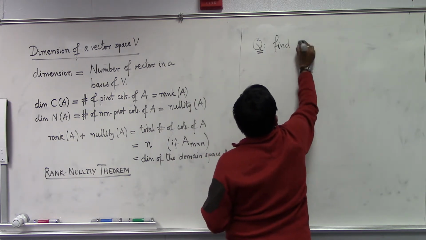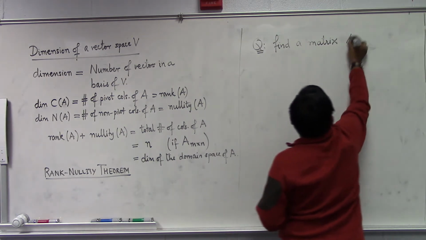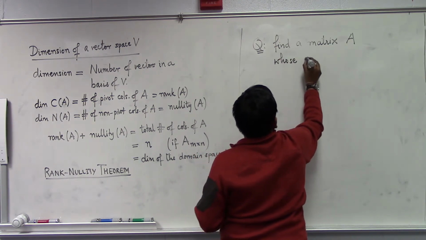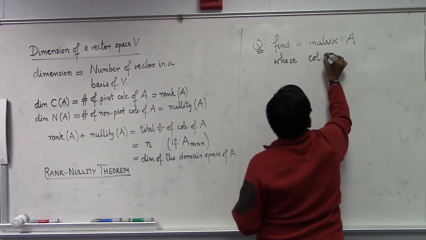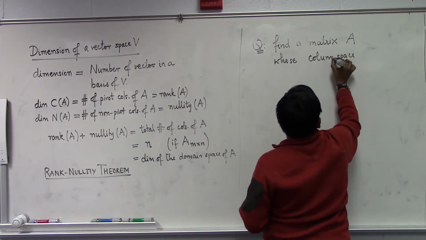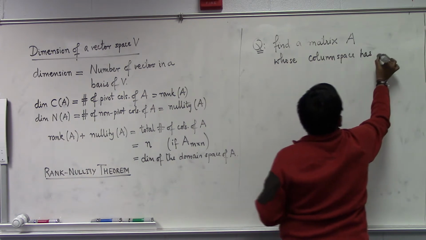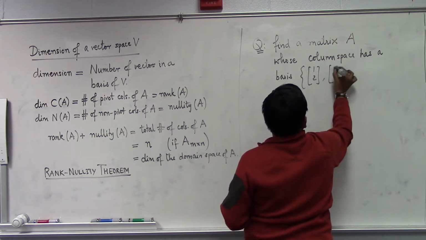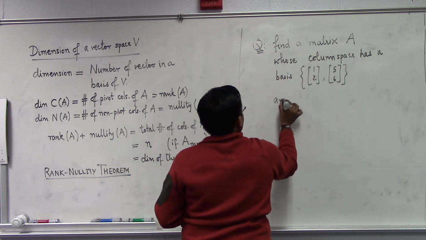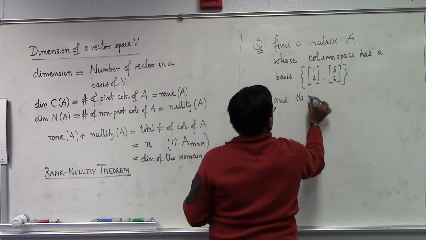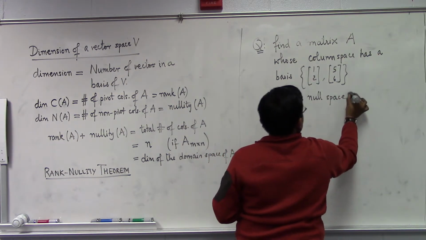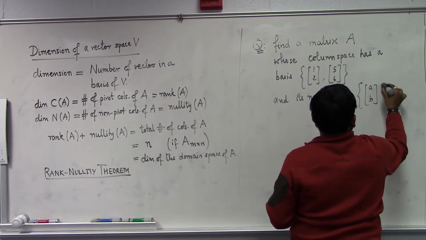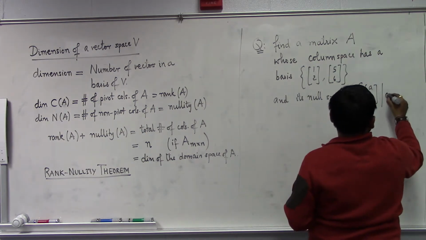Find a matrix A whose column space has a basis (1, 2), (5, 6), and its null space is all the vectors (a, b) such that a is equal to b.